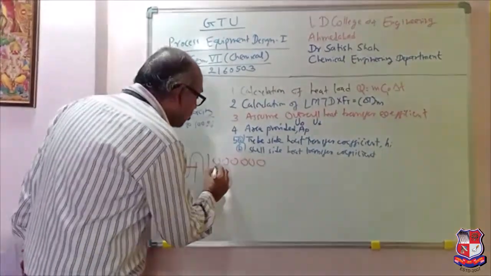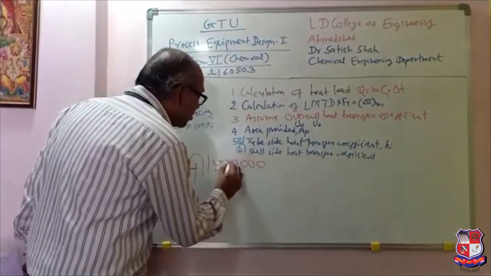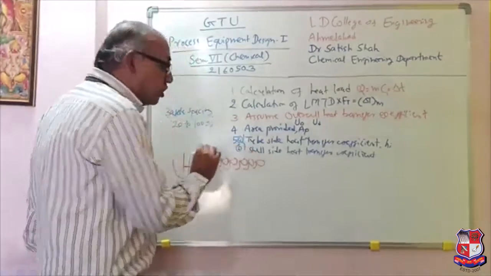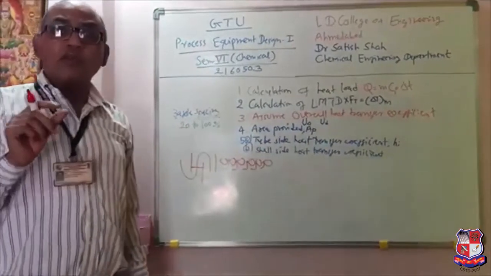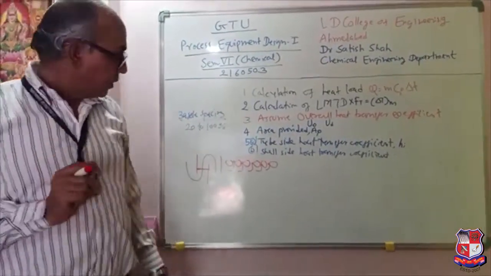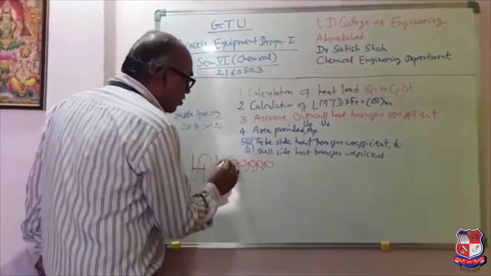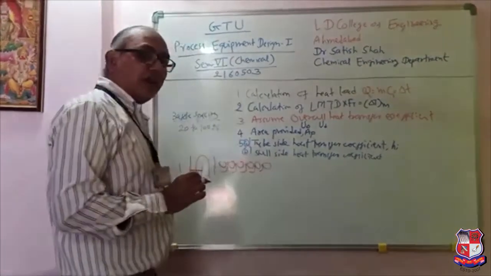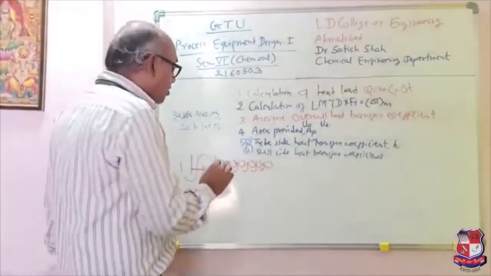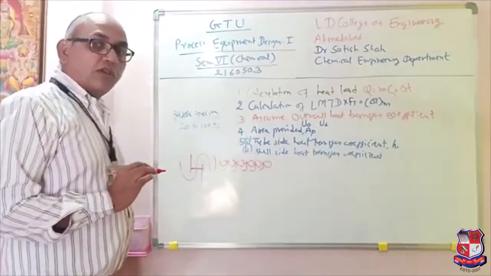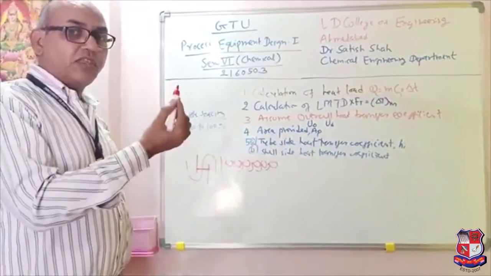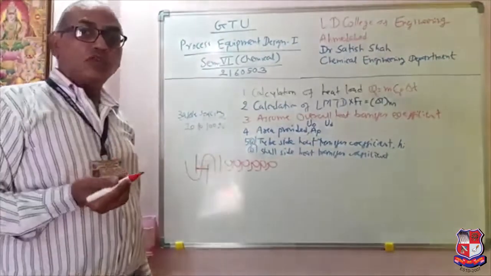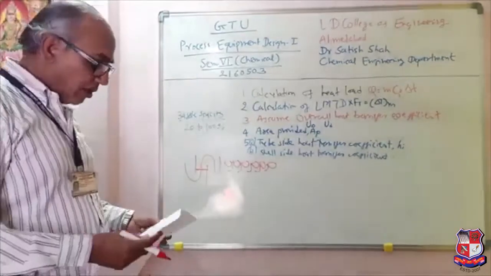The shell side fluid will flow between the clearances available between the tubes. So we have to calculate the number of clearances available and multiply by the value of the clearance. That gives you the one side area, and multiplying by the baffle spacing gives the cross section area available for the shell side flow.